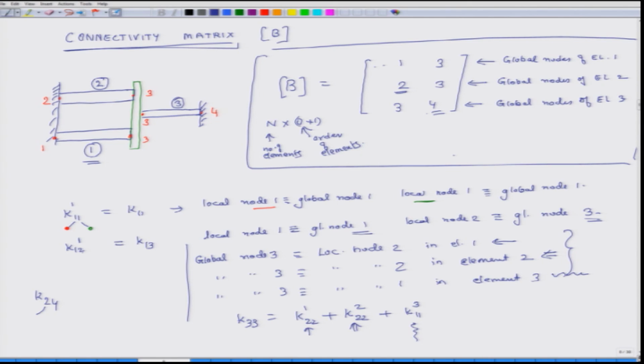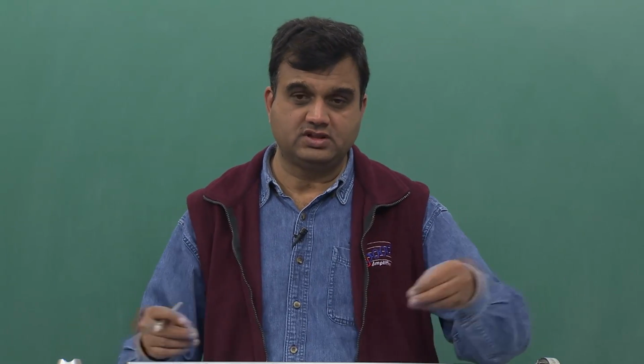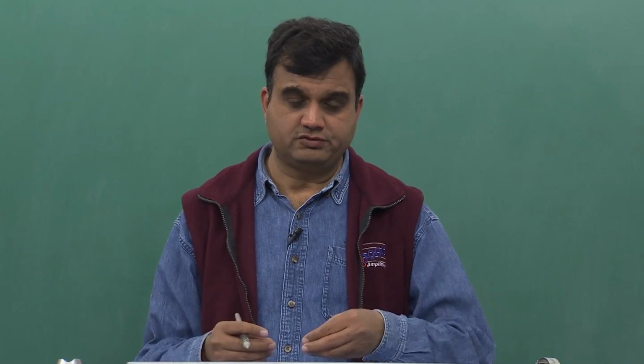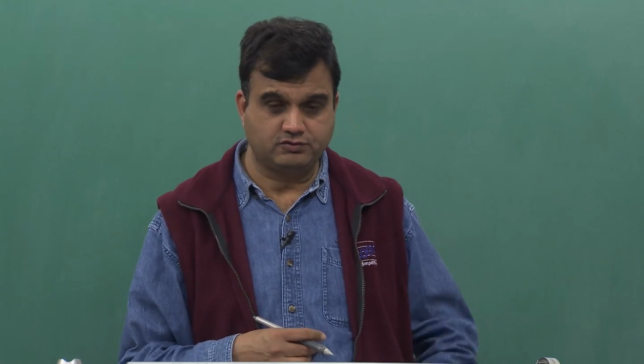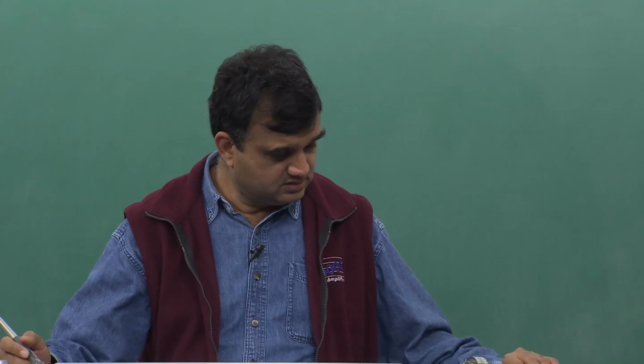So they are mutually disconnected, so this will be 0, okay. If they were in the same element, then you could have created something, but they are in different elements, so there is no physical connectivity between them, so K24 is 0. So that was about the connectivity matrix.